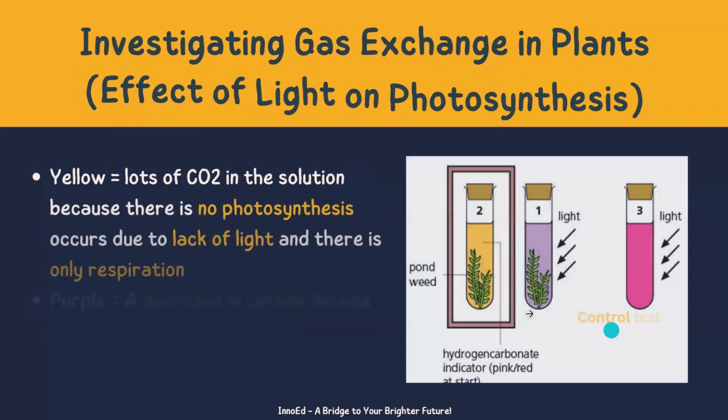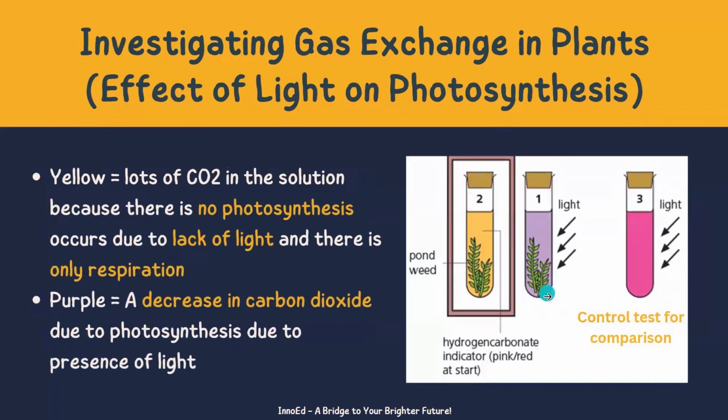Keeping that in mind, let's look at these test tubes. The number 2 test tube is put inside a cupboard, which means the light is blocked. And the indicator shows yellow color, which means there is an acidic pH.